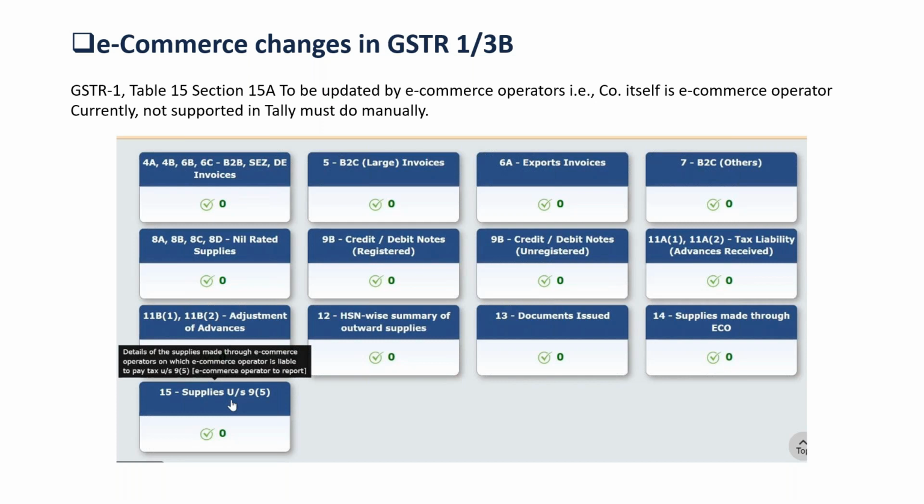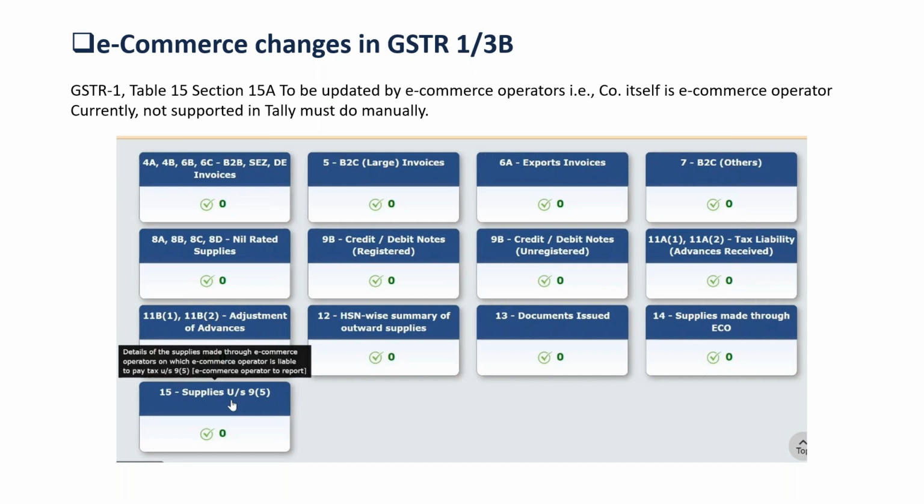Today, as we all know, for a company running e-commerce operations, a registration type is not available in Tally. So this also has to be updated manually. So these are the updates with respect to table 14 and 15.